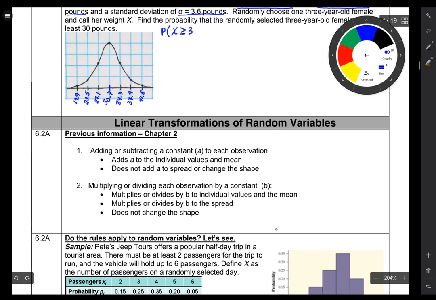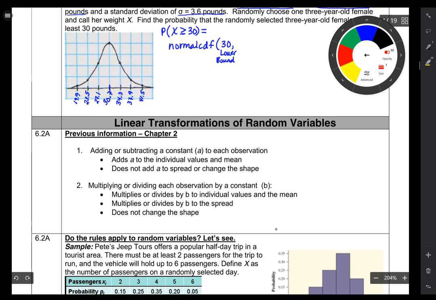We are asked to find the probability that the randomly selected female's weight is at least, so greater than or equal to, 30 pounds. So we're going to use our normal CDF and fill in our information for the prompts. Our lower bound is 30. We need to draw this information in too. So at least 30 pounds.